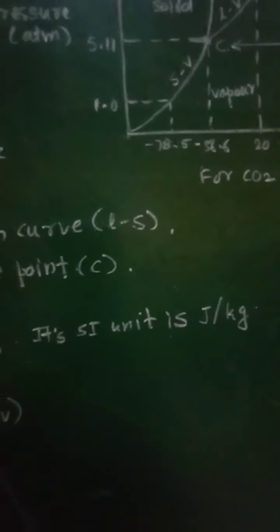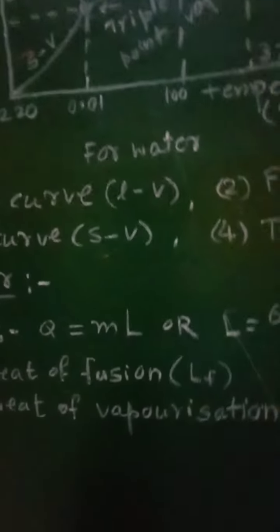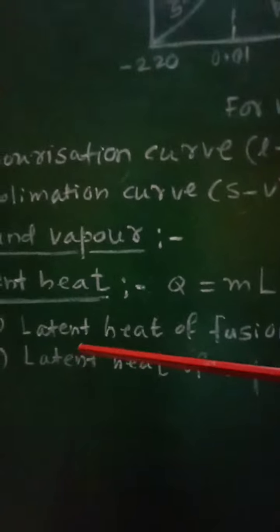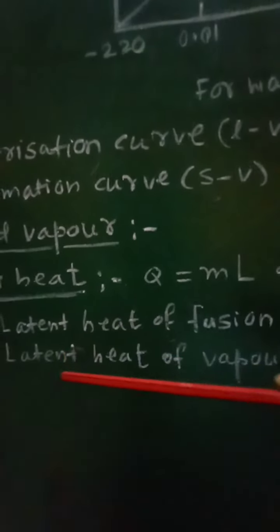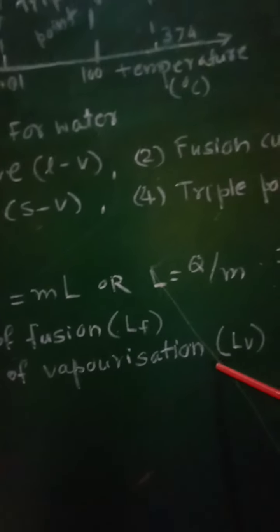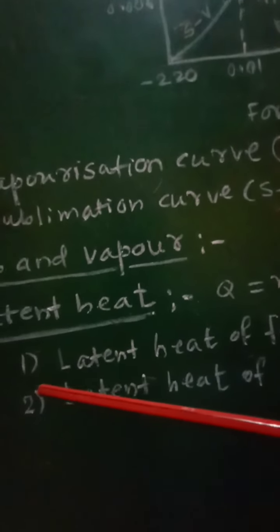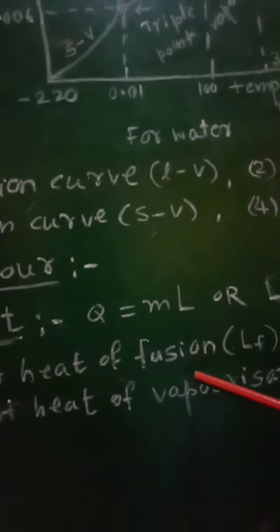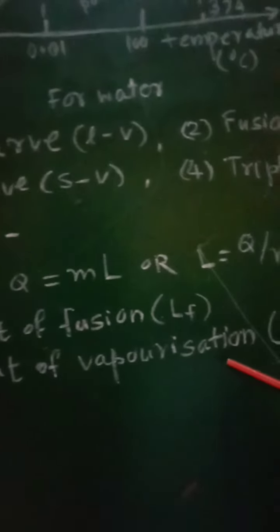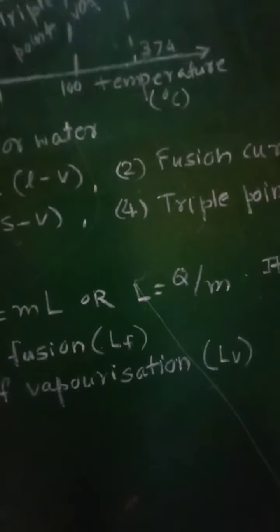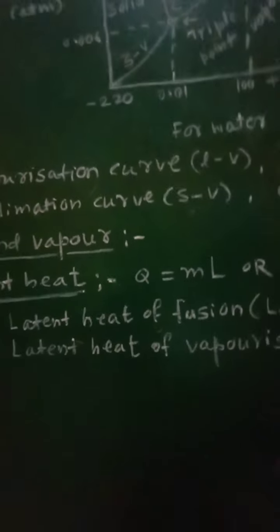Now we will discuss two different types of latent heat: the latent heat of fusion, LF, and the latent heat of vaporization, LV. Let us first define the latent heat of fusion.